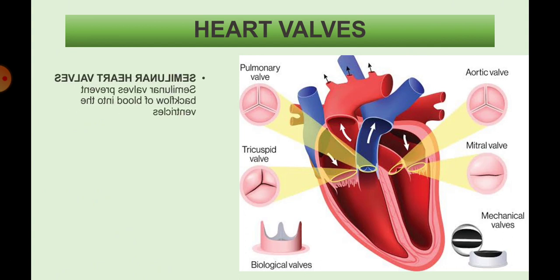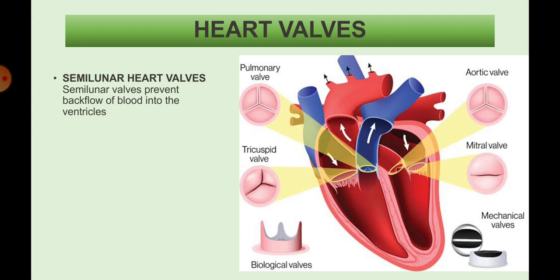The next type is semilunar heart valves. Semilunar means semi means half and lunar means like moon. So semilunar means half moon like. They are seen like a half moon, that's why the name.